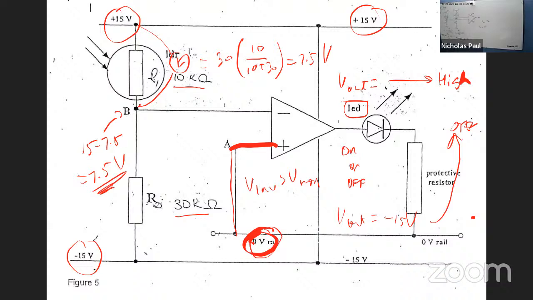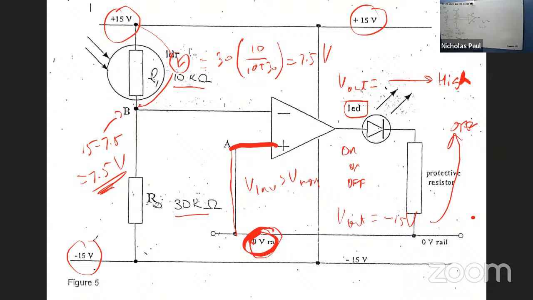What would have to happen for it to be on here? Something bigger than 7.5, or I can make 7.5 smaller.